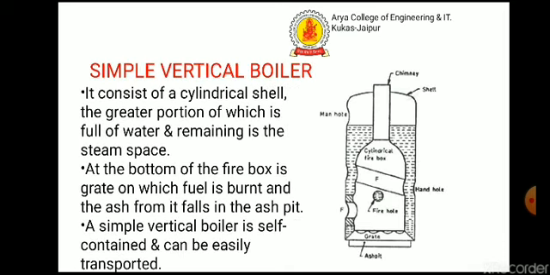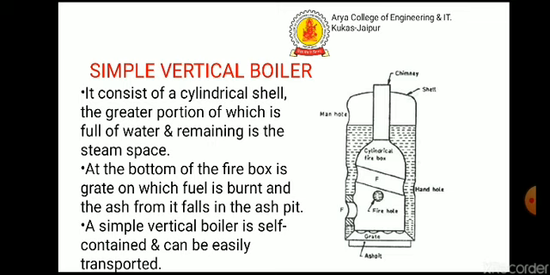Simple vertical boiler. The simple vertical boiler is the simplest boiler. It consists of a cylindrical shell, where the water and steam are stored, the greater portion of which is full of water and the remaining is the steam space.